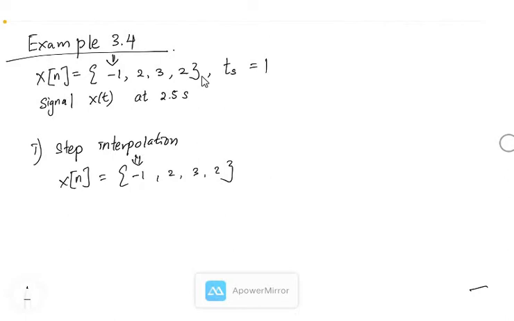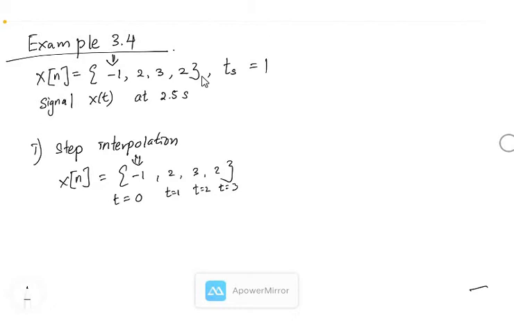So -1 is at t equal to 0. This is the signal. This is t equal to 1, t equal to 2, and t equal to 3.